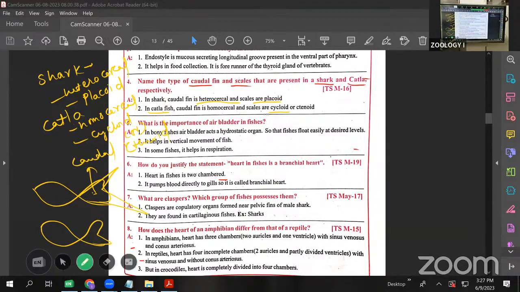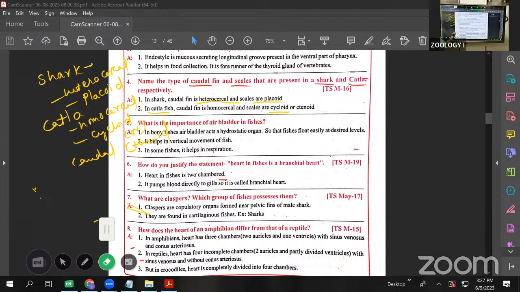See, in the two fishes, the catla and the shark: the shark has a heterocercal caudal fin and placoid scales. In the catla, the caudal fin is homocercal and the scales are cycloid or ctenoid. This is about the differences between the catla and the shark.